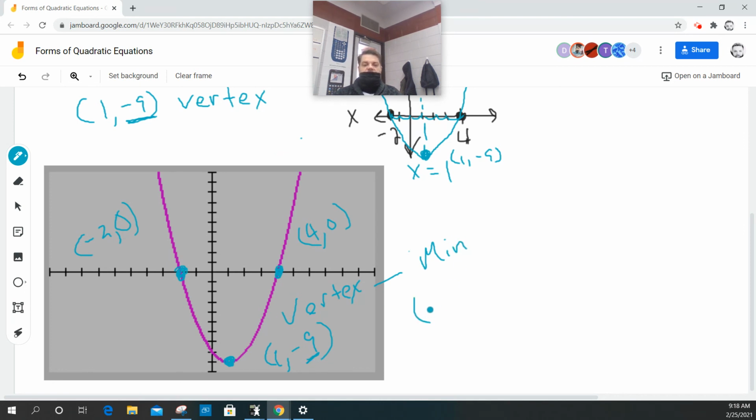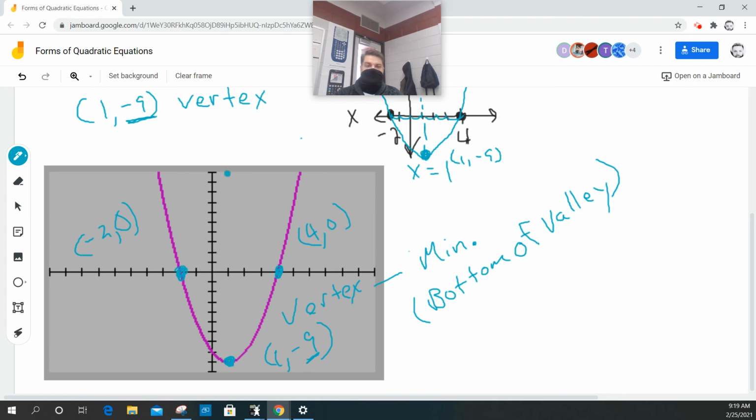And you're just going to have to memorize this. It's the bottom of the valley. So think about bottom. Bottom is minimum. So bottom of the valley. You can't get any lower than the bottom of a valley. And you can't get any higher than the top of a hill. So because this is the bottom of the valley, it's a minimum. Okay?